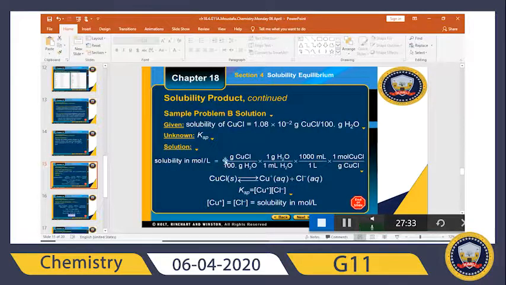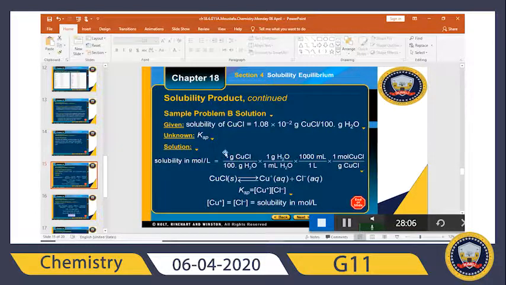So this amount of copper(I) chloride over 100 grams of water. Cancel this value, this is not important in the equation. Now you have to change grams to liter by dividing this 100 grams by 1000, and this 1000 will be in the top, and you have to find the number of moles.